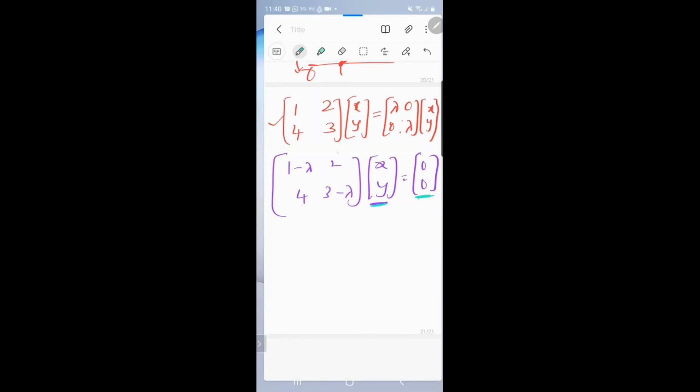The only way that can happen is if this matrix behaves in a special manner. That special manner is when 1 minus lambda times 3 minus lambda minus 2 times 4 is equal to 0. That's the special manner in which it has to behave for this to happen. And I'll send you some notes about why this is so. It takes longer to explain that.